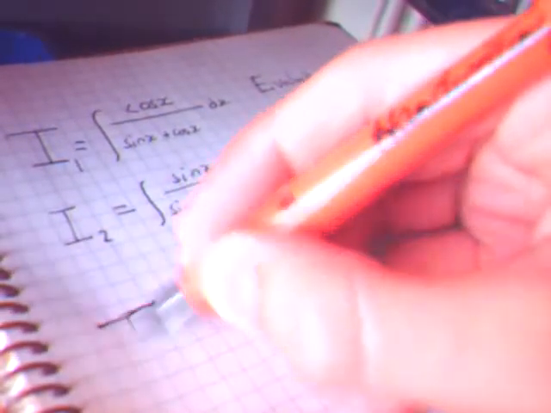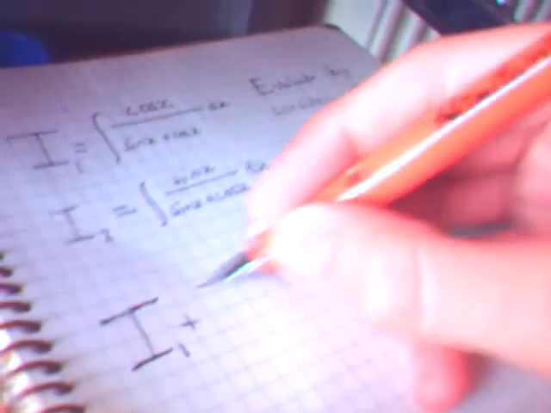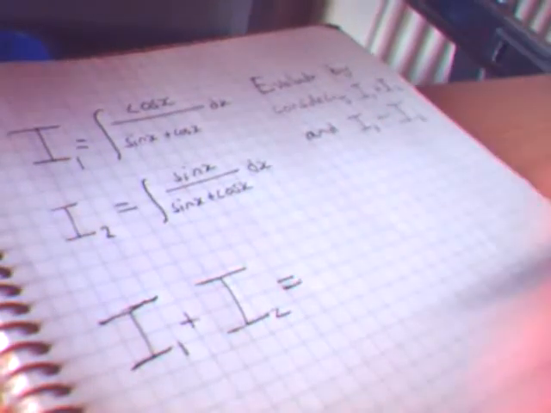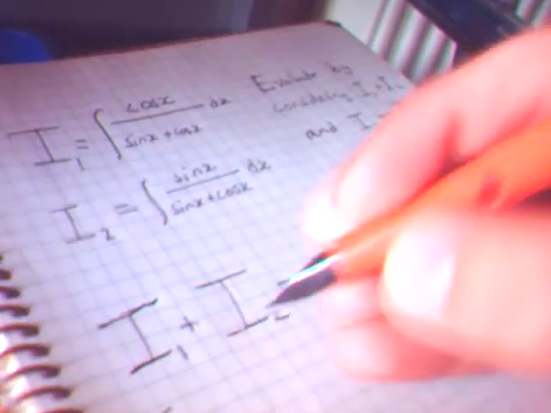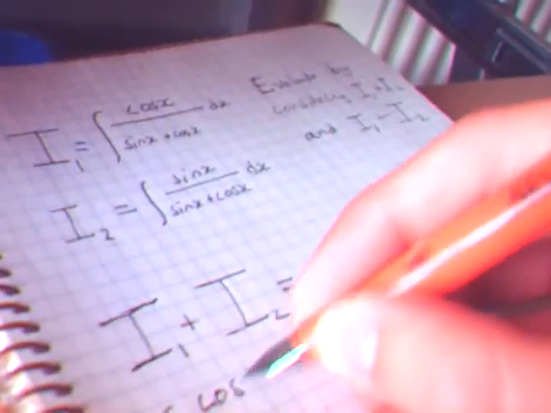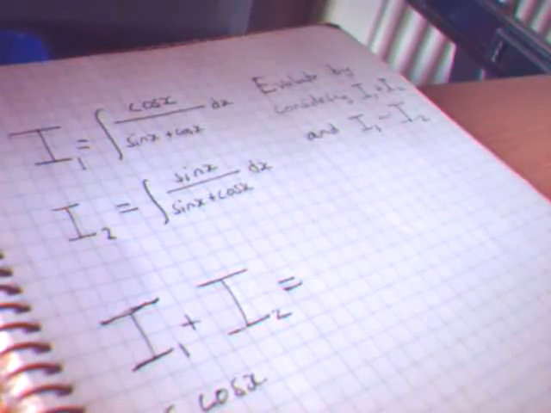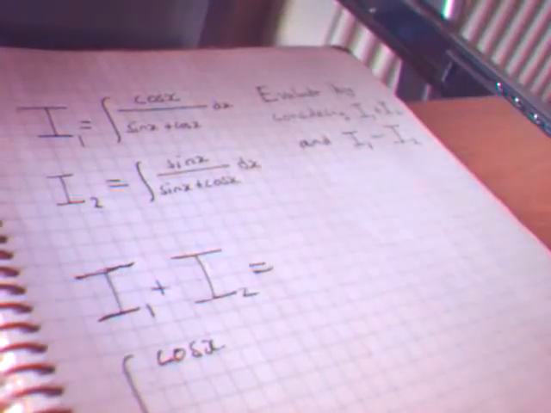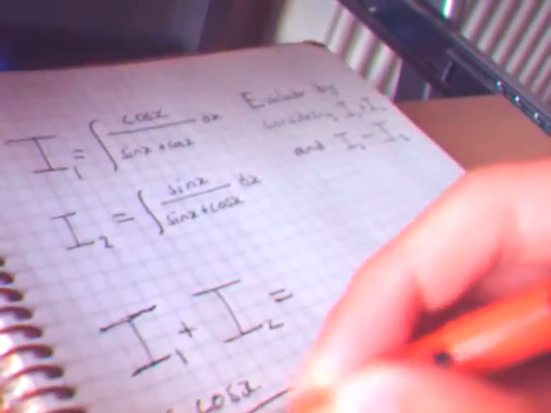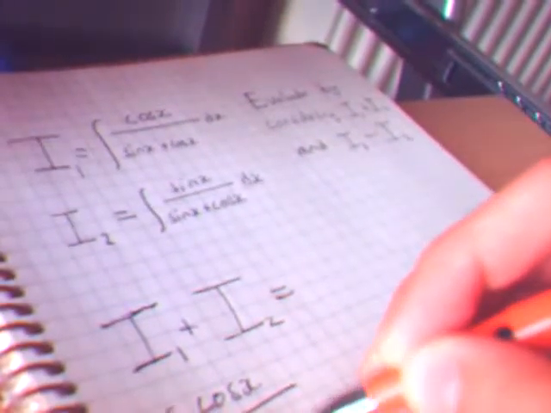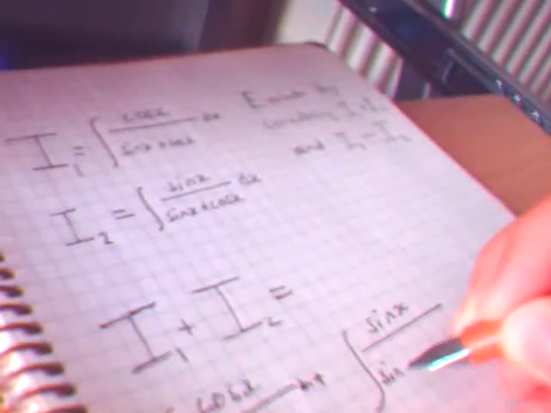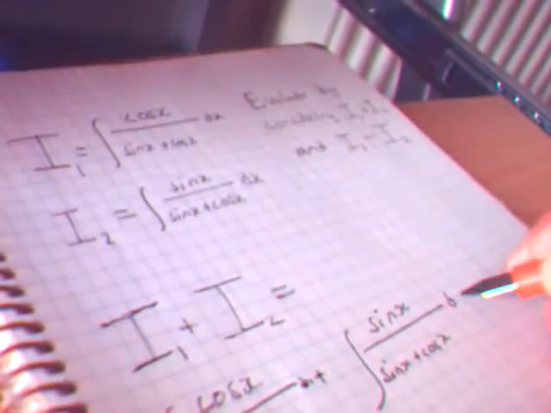I1 plus I2 equals the integral of cos x over sin x plus cos x dx plus the integral of sin x over sin x plus cos x with respect to x.